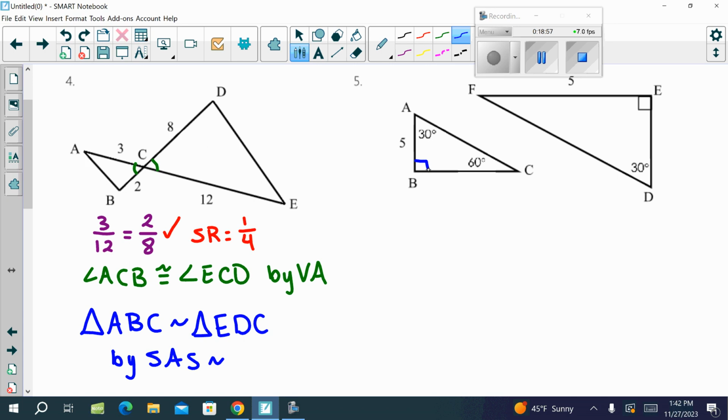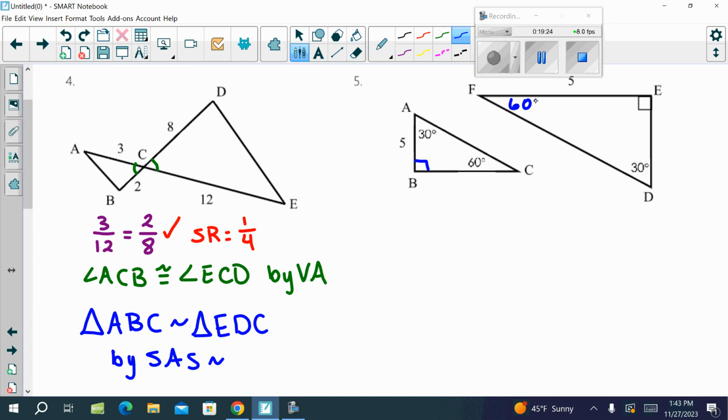A triangle has to add up to 180 degrees. So if this is 30 and that's 60, that adds up to 90, so this one has to be 90. If that's 90 and that's 30, we're at 120. So how much is the third angle? 60. So do all the angles match up? Yes.